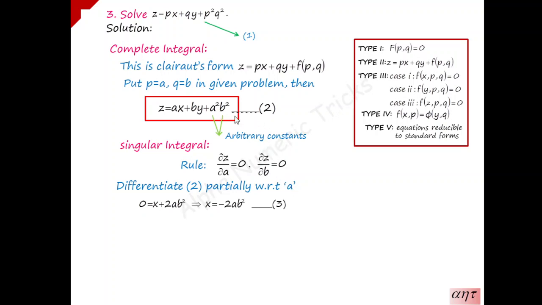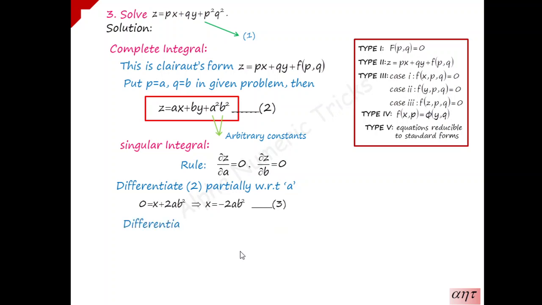Here b squared is constant, so write it as it is, and the differentiation of a squared with respect to a is 2a. Taking 2ab squared to the other side, we get minus 2ab squared, which is the value of x. Number that equation as 3.